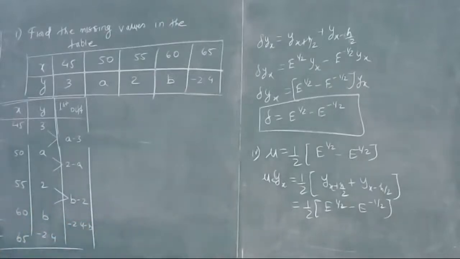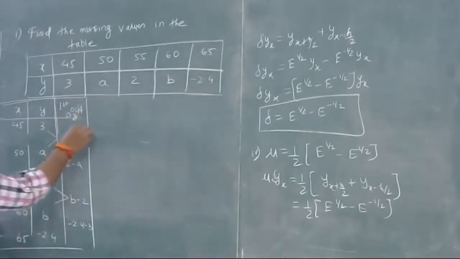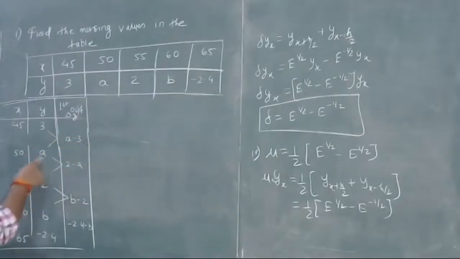Okay, so find the first difference like this. So this will be delta y. Delta y is equal to a minus 3, 2 minus a, b minus 2, minus 2.4 minus b.